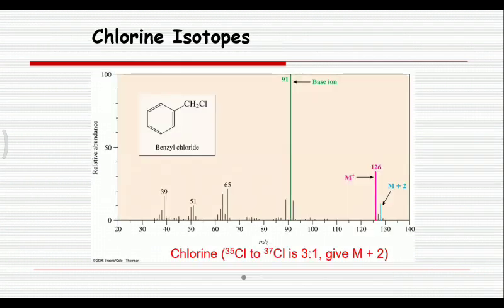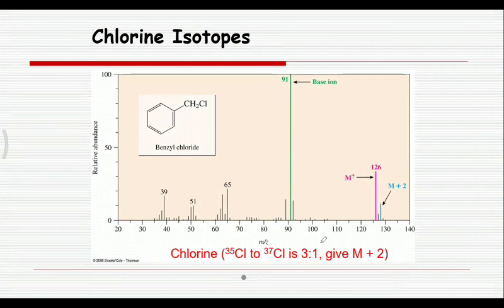Okay, another example, we have benzyl chloride. Here the molecular weight of benzyl chloride is 126. In this mass spectrum we observe a peak at 128. The ratio of these two peaks, M plus and M+2, if we calculate the relative abundance, will turn out to be 3:1.